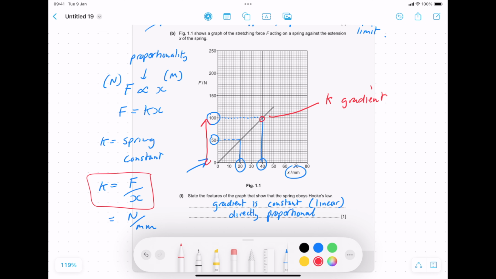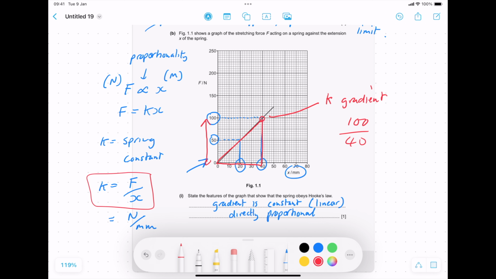So I can use this triangle there. So it'll be 100, which is the value of F, divided by 40, which is the value of the extension.